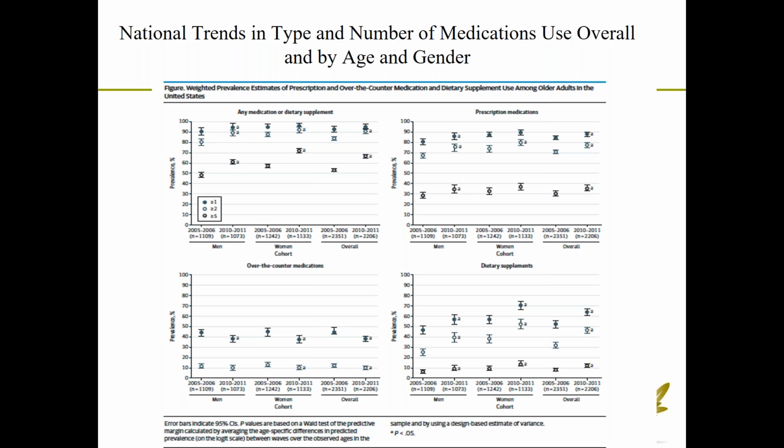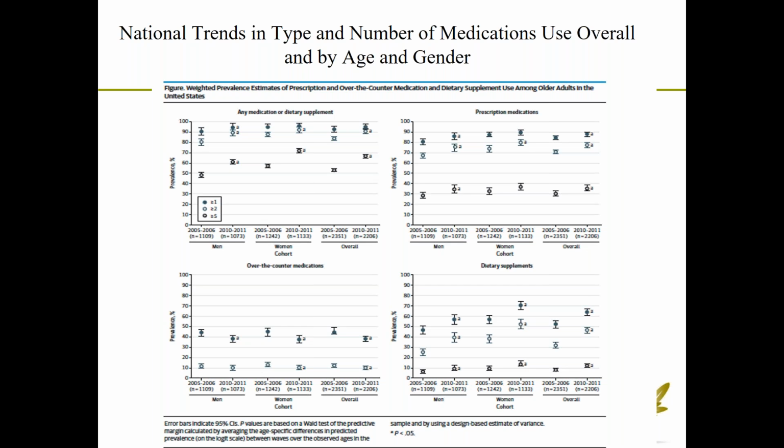So it's important to know the extent they are used in the older adult population and how they're used together. So here, this is comparing wave 1, so 2005 to 2006, in men and women and overall. And we saw there was an increase in general in the use of any medication, including dietary supplements. But what's interesting is that the use of 5 or more prescription medications increased from like 30% to more than 35%.